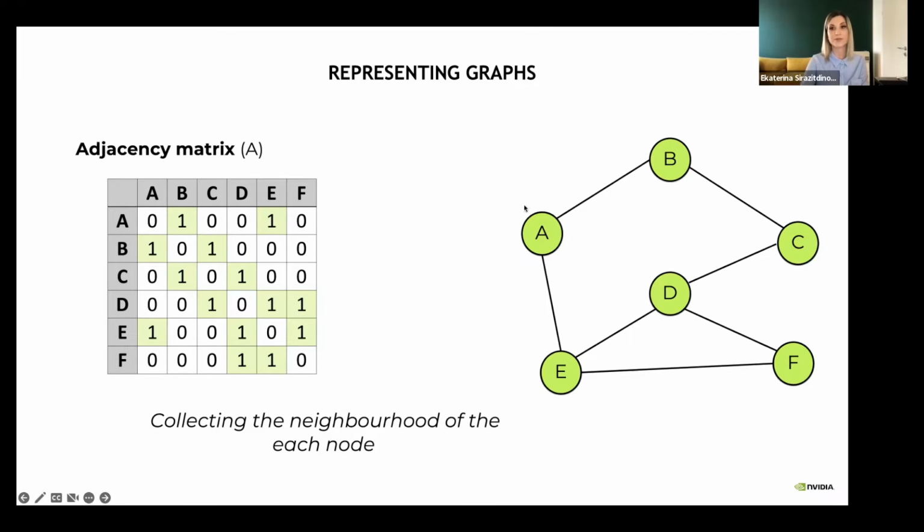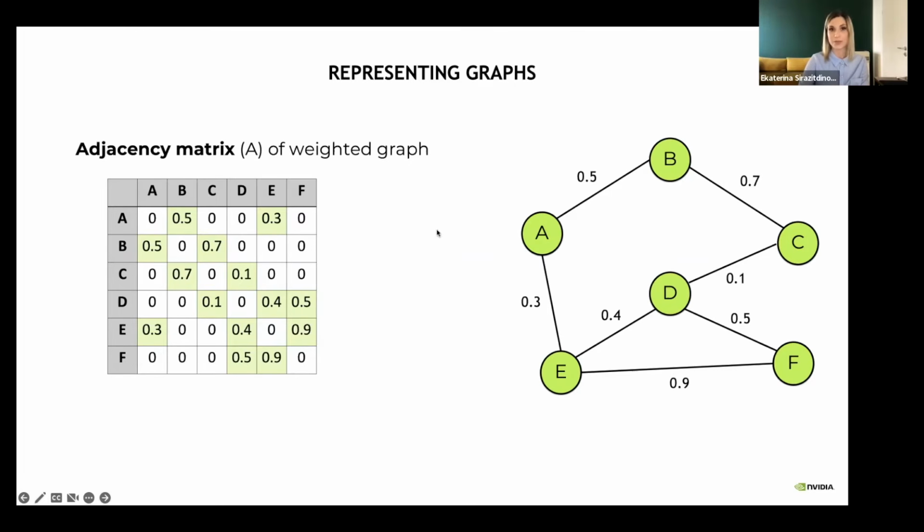And for undirected graphs, you can see that this matrix is symmetrical, reflected relative to the diagonal. If we are talking about weighted graphs, we can also represent them in the adjacency matrix, but instead of putting an integer value of 1, we just put the weights of the edges between the pair of nodes.